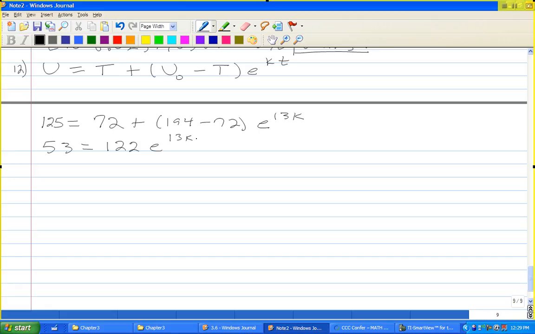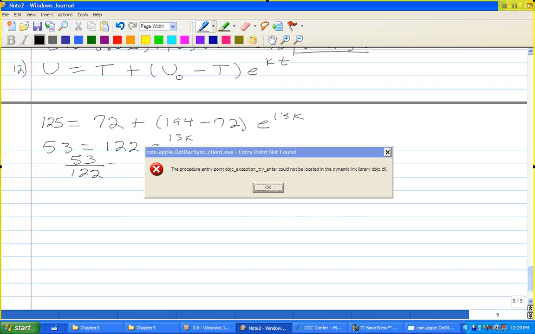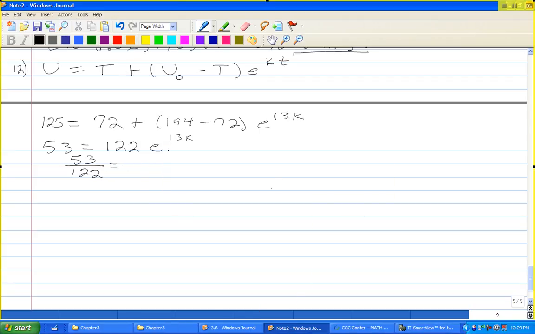Divide both sides of your equation by 122. Take ln of both sides.